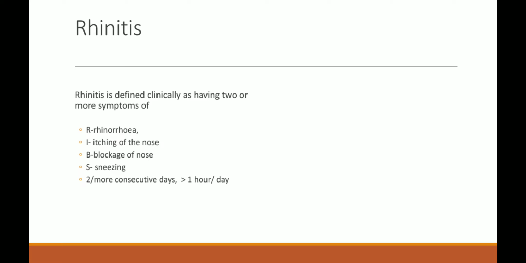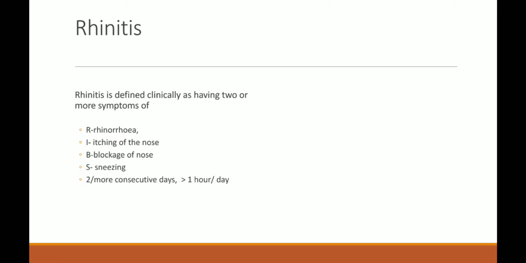itching, nasal blockage, sneezing. So, among these four symptoms, if the patient is having at least two or more symptoms for 2 or more consecutive days and greater than 1 hour per day, that is the definition of rhinitis.